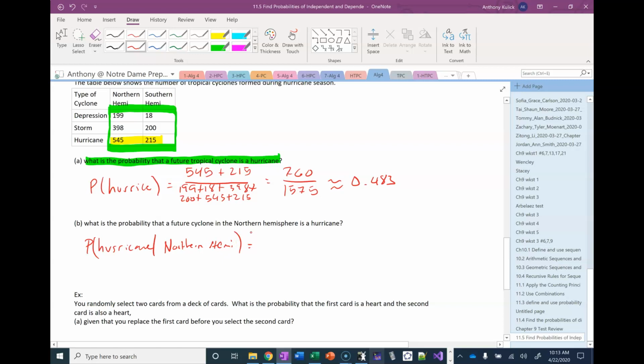Okay, so to do that, what I'm going to need is the number of hurricanes in the northern hemisphere only divided by the number of cyclones in the northern hemisphere. So that gives me 545 over 1142, which is about 0.477.